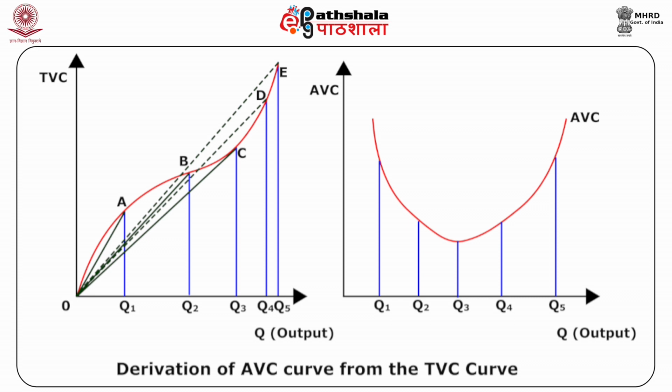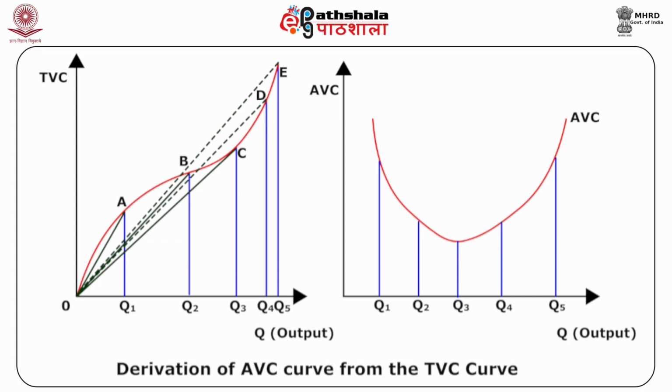And therefore, what we can see in our average variable cost curve on the right hand side panel is that at Q1 the average variable cost is higher, at Q2 it is less, and it goes on declining up to the point of inflection. Now, we said that the total variable cost curve increases but at a decreasing rate, and at a certain point it starts increasing at an increasing rate. This point is point C. At point C, the output is Q3.